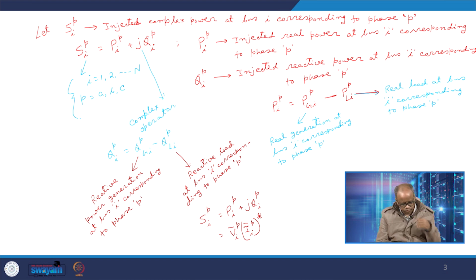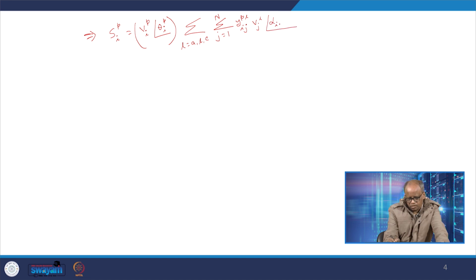So now we have to put this in. S_i^p is equal to |V_i^p| angle theta_i^p, and then the summation over l in a, b, c and j from 1 to n of |Y_ij^pl| |V_j^l| angle (alpha_ij^pl plus theta_j^l), which is I_i^p, with the whole thing starred.